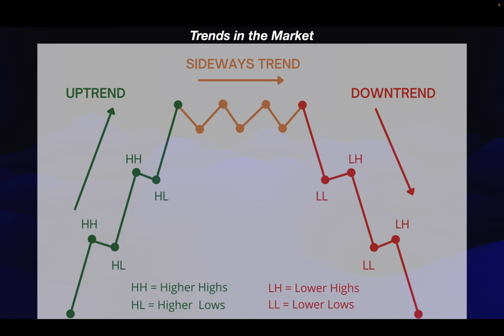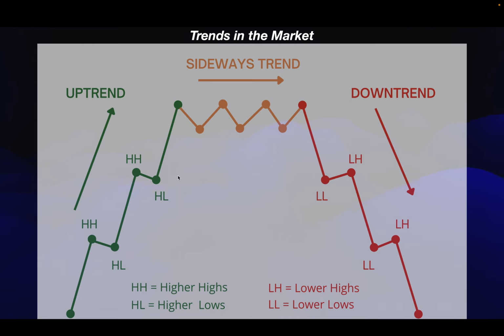So what are trends in the market? When the market is trending up, this is what it consists of. It creates higher highs and higher lows, then a higher high and a higher low, and then a higher high. This is an uptrend right here.